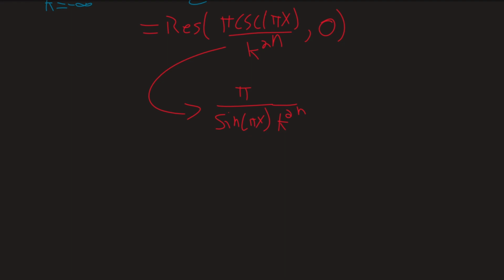Meaning that according to the residue theorem, we have the derivative with respect to, oh geez, I'm really getting this notation mixed up. This should actually be an x here. I do apologize.